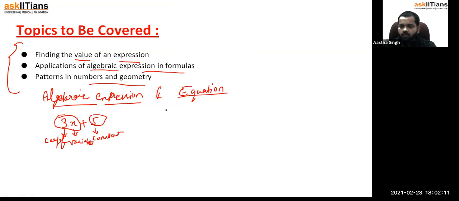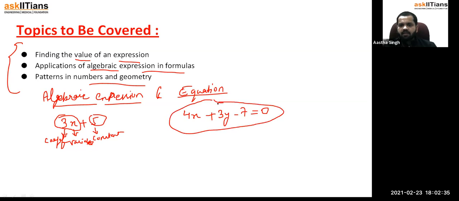What is an equation? The difference between an algebraic expression and an equation is that if an algebraic expression includes an equal sign, for example 4x plus 3y minus 7 is equal to 0, then it is an equation.